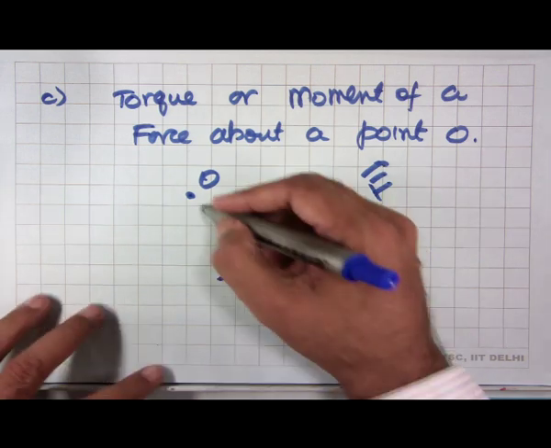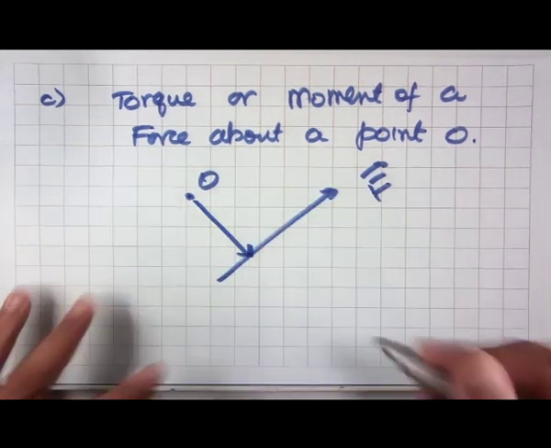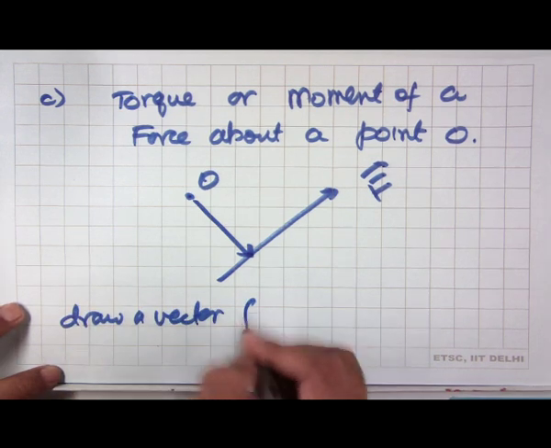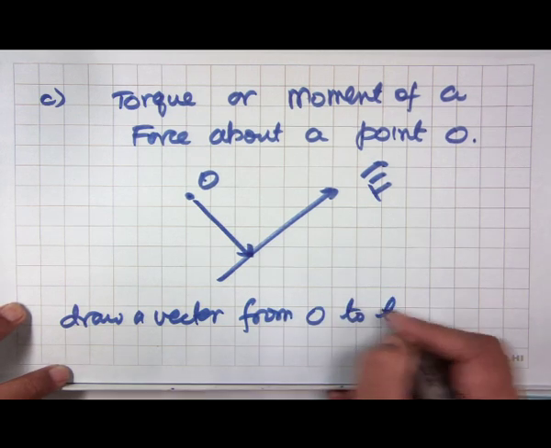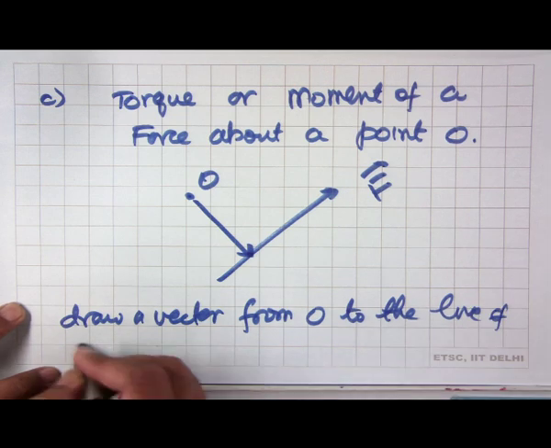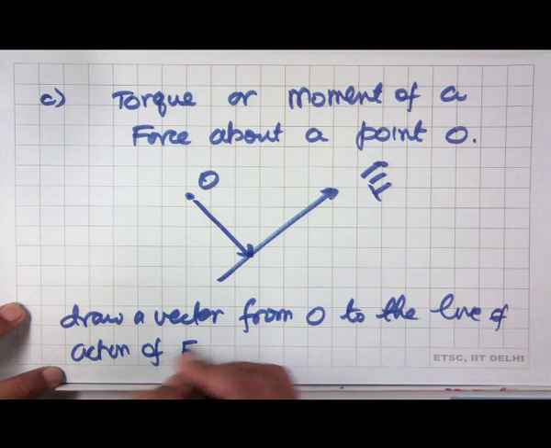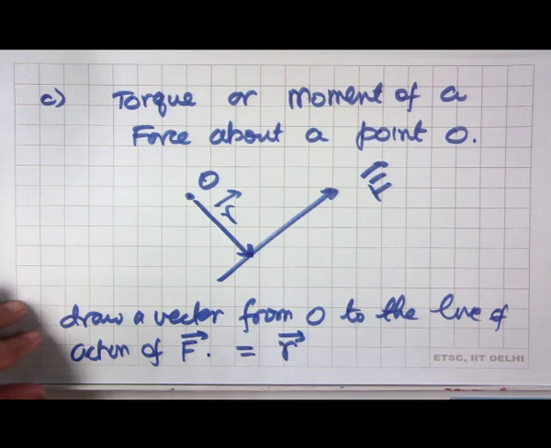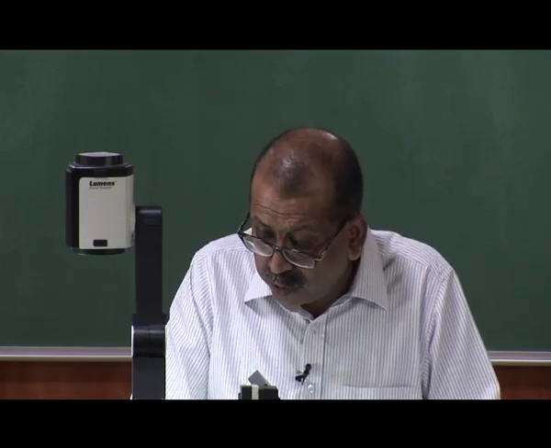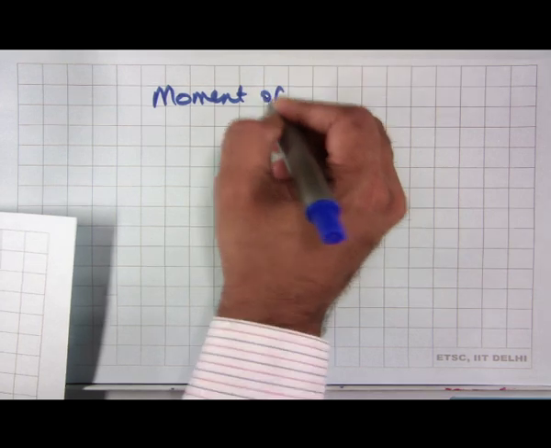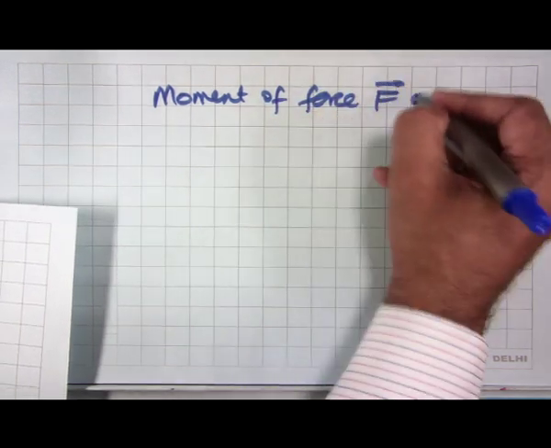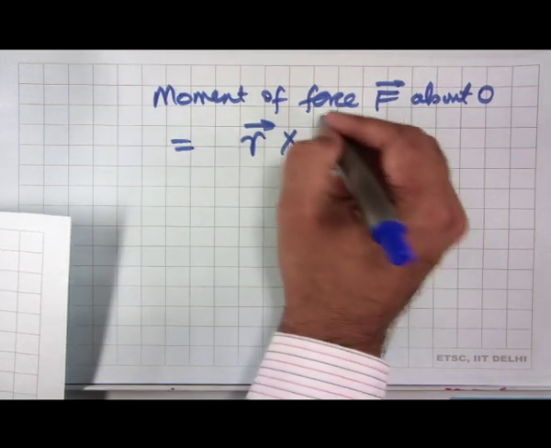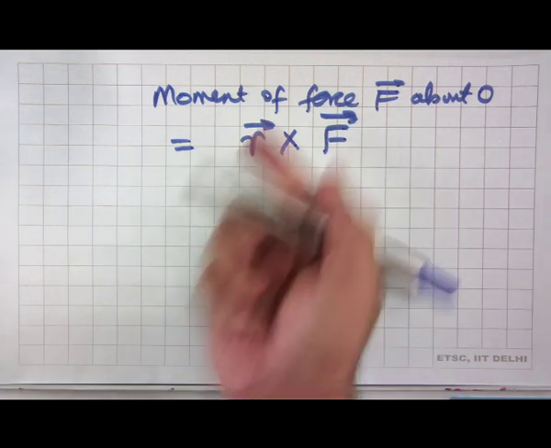If we draw a vector from O to the line of action of the force F, and call this vector R, then we define the moment of the force F about O as the cross product of R and F. Sometimes we also call it the torque.